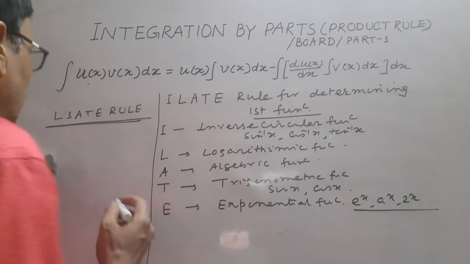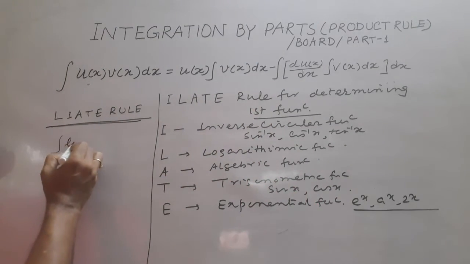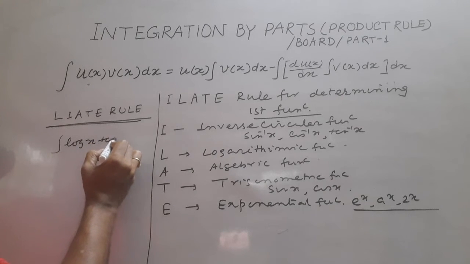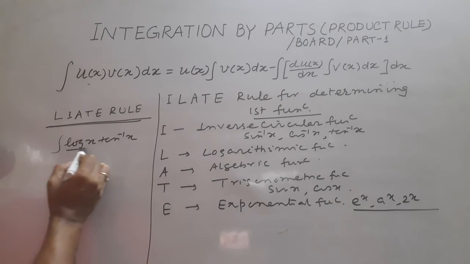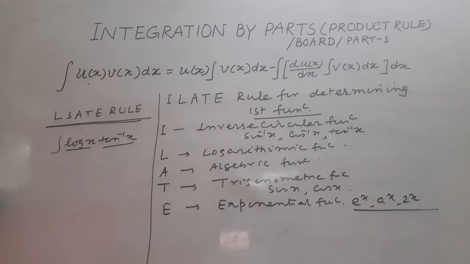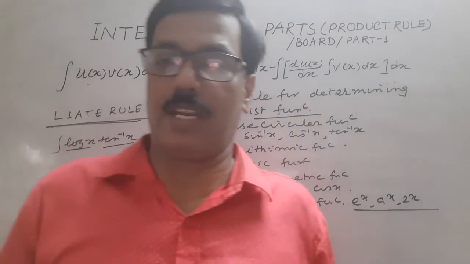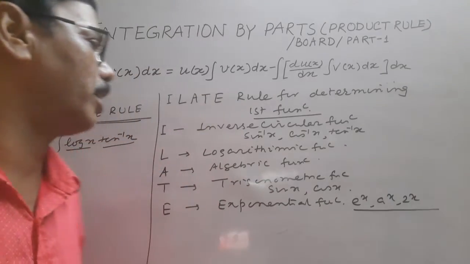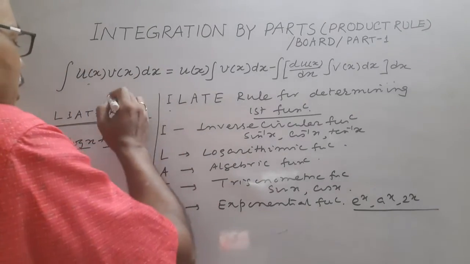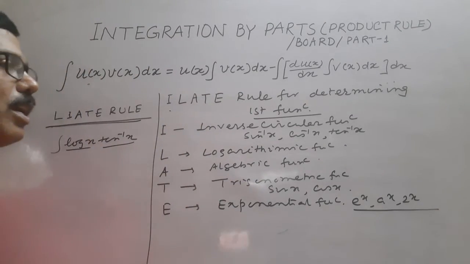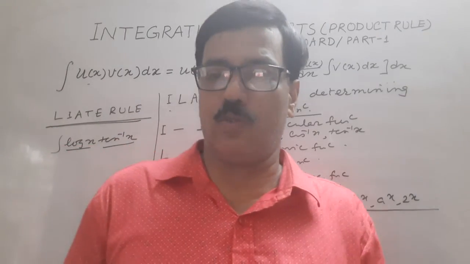So look, if we write log x into tan inverse x, this is logarithmic, this is tan inverse. So you cannot integrate it. So they cannot occur simultaneously. That is why, you can consider any one as standard one.